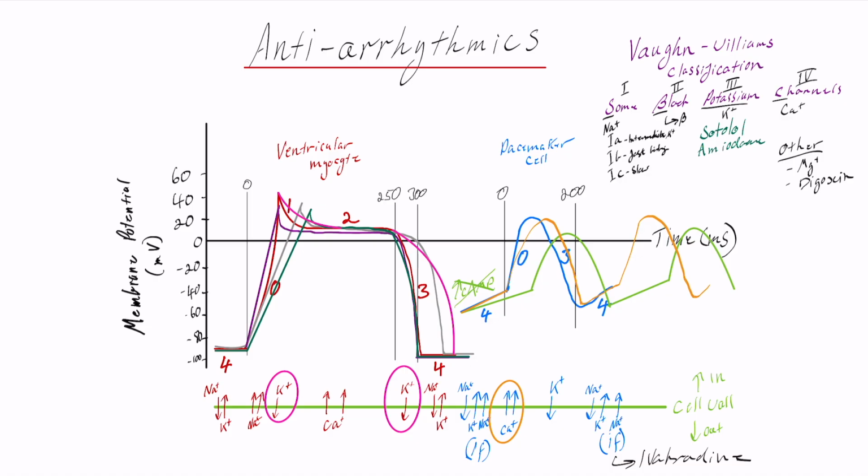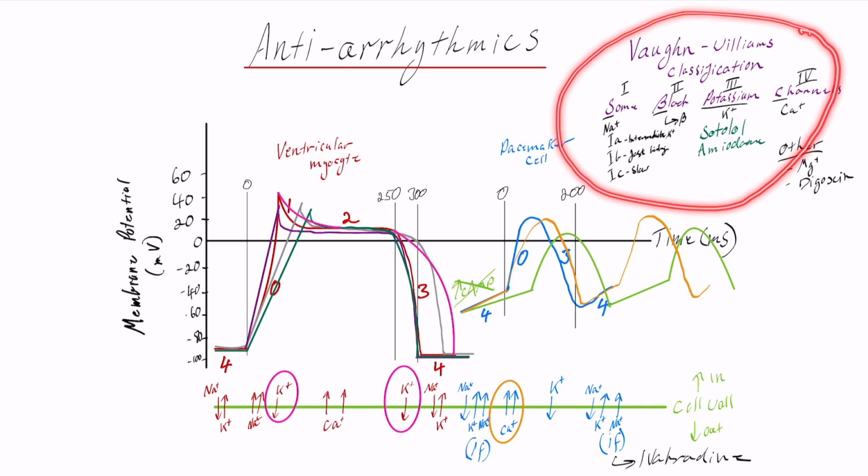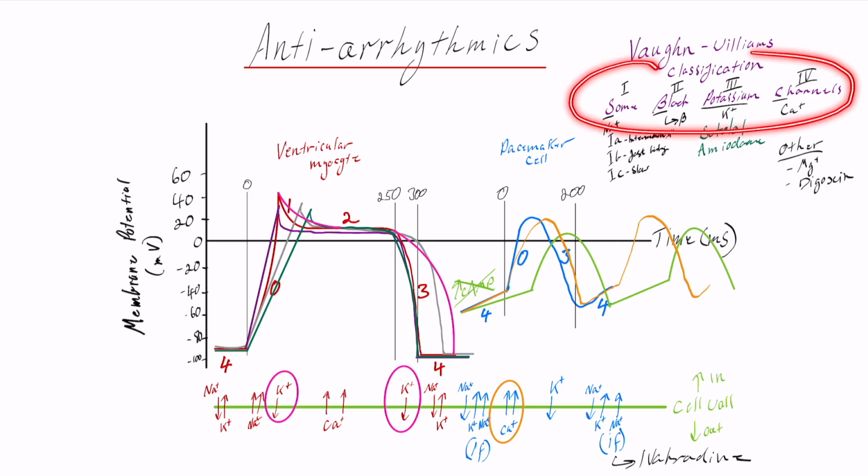So that summarizes the video. We've talked about our antiarrhythmics. We've explained the Vaughan Williams Classification of antiarrhythmics with our 4 different classes and our class 1 broken up into 3 classes. We've discussed how each of these affect the ventricular myocyte and the pacemaker cells.